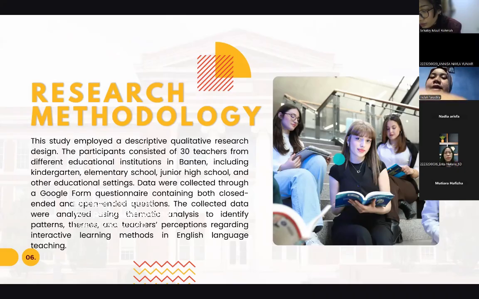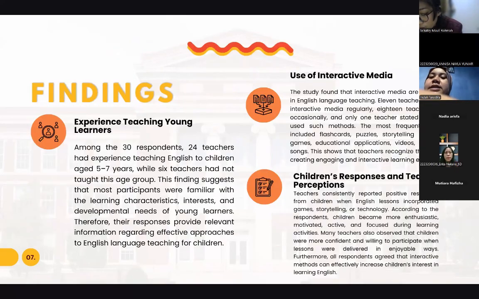Okay, for the findings, the first finding: the results showed that 22 teachers had more than 6 years of teaching experience. Six teachers had between 1 and 3 years of experience. One teacher had 6 years of experience, and one teacher had less than 1 year of experience. This indicates that most respondents possess substantial professional experience and were capable of providing valuable insight regarding English language teaching for young learners.